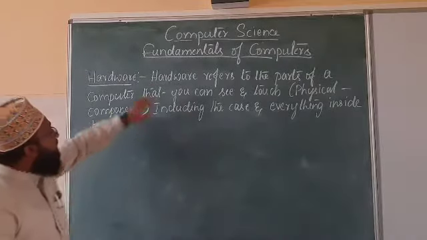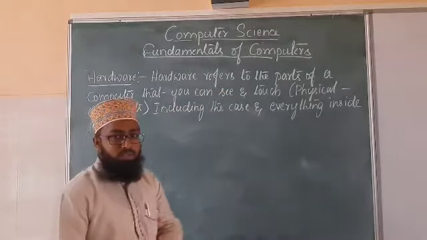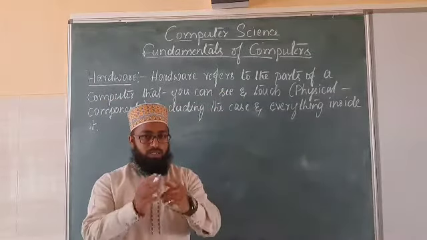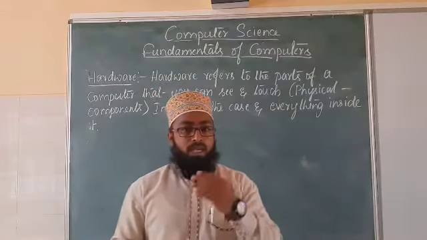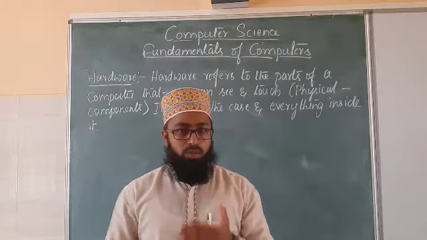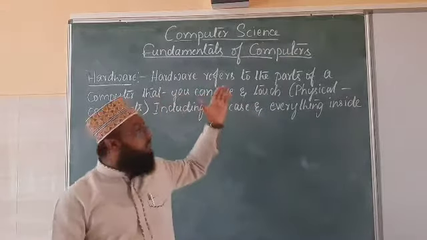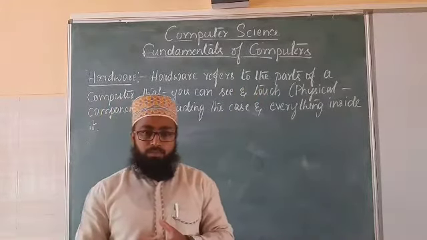Okay, look, hardware refers to the parts of a computer. Which are the parts of a computer? The monitor, keyboard, mouse and the CPU. These things are called the parts of a computer, and these parts are called the hardware of a computer.